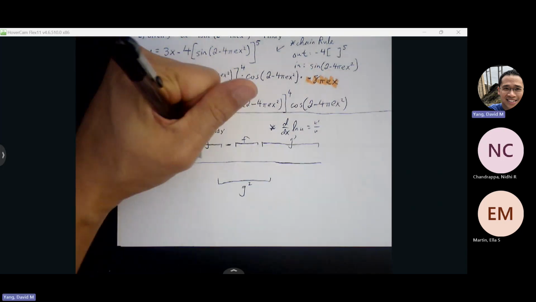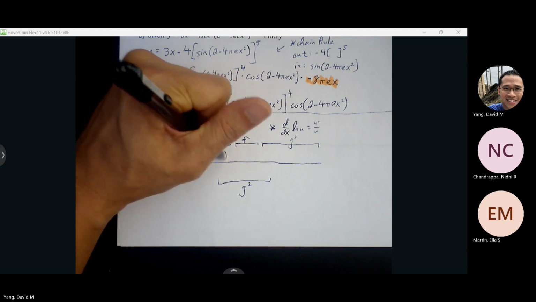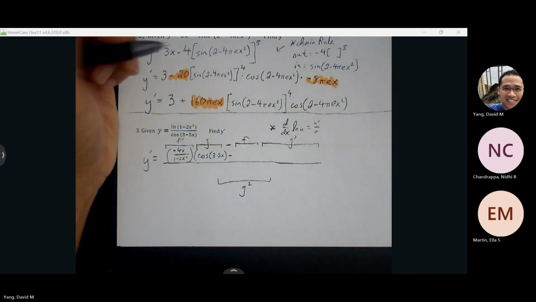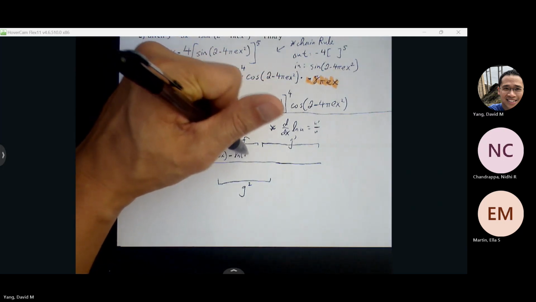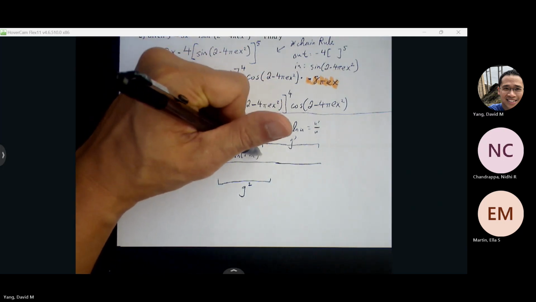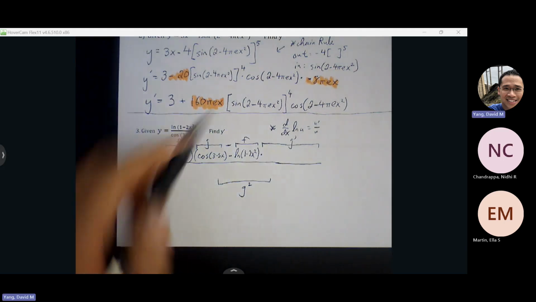G function stays. F, g prime, cosine of u becomes negative sine of u times u prime.